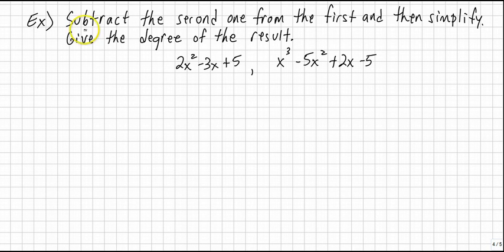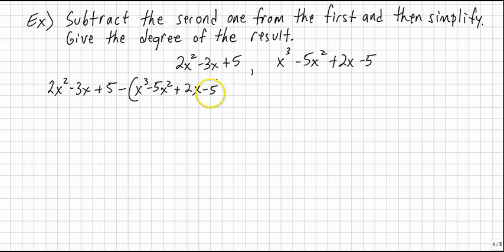So, for example, let's subtract the second one from the first and then simplify and then give the degree of the result. So here's a polynomial, here's another polynomial, and we're supposed to subtract the second one from the first. So we'll take the first polynomial and subtract the second polynomial from it.